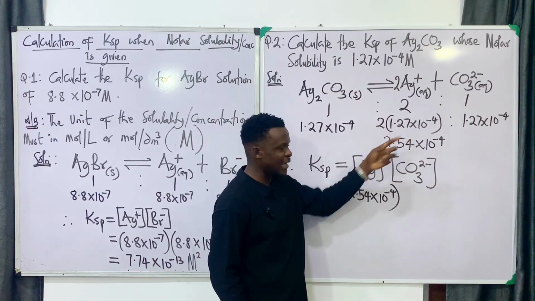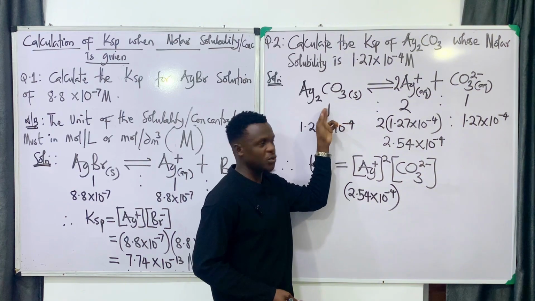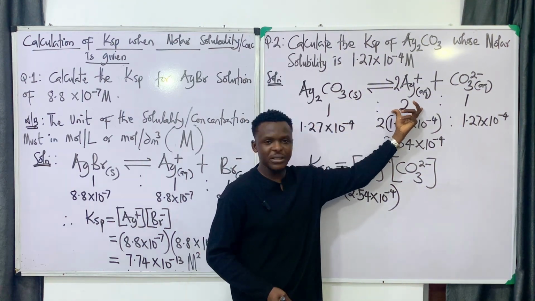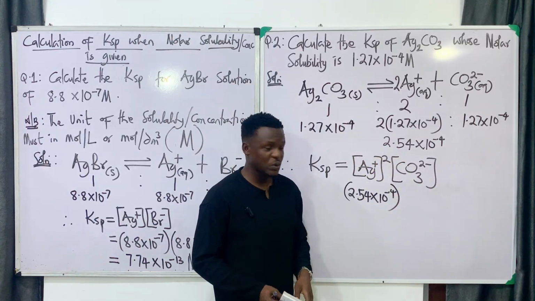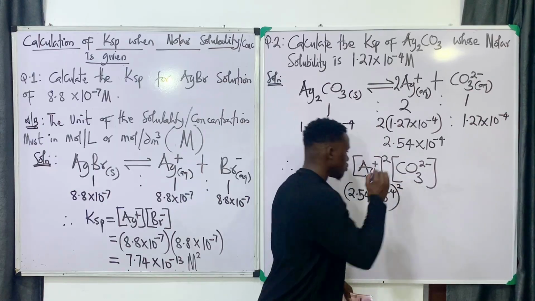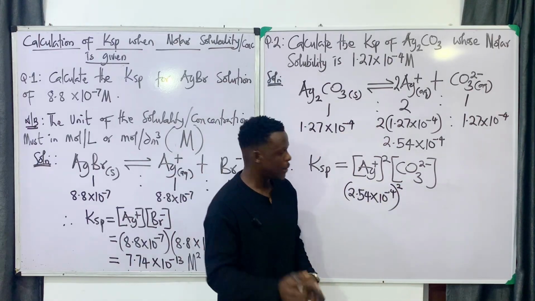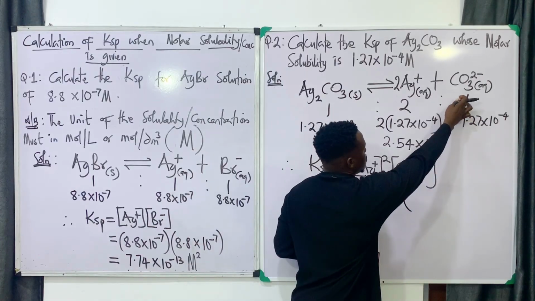What you multiplied here is simple stoichiometry. This is 2 and this is 1. So whatever this is, this place will be 2 times it. If here is 1.27, here will be 2.54. So it has nothing to do with these two. So you must raise it to this 2. You know? Now CO3 is 1:1.